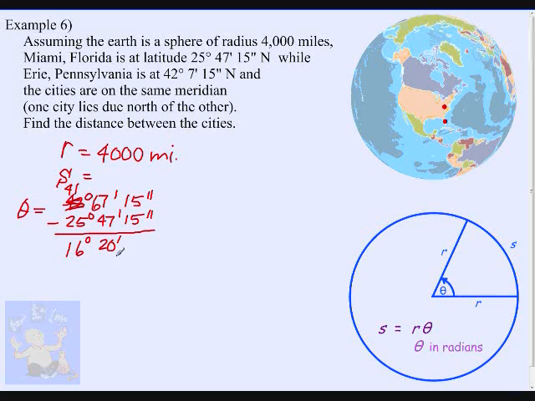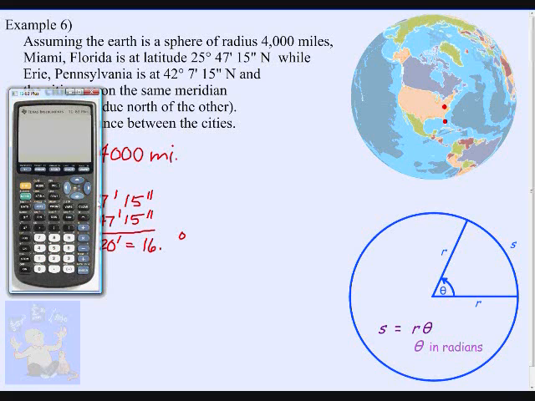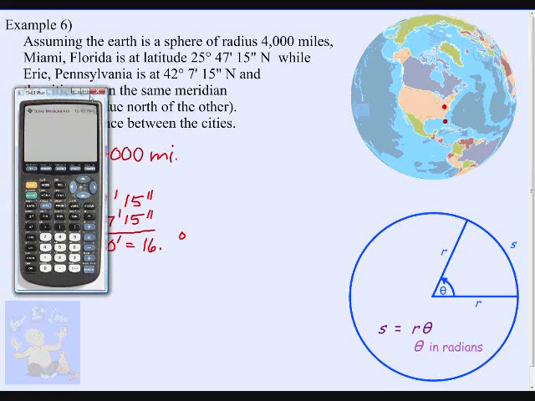Now this isn't really useful. I would like to have this in decimal degrees. Let me pull up my calculator. It's so easy to do it on the calculator.